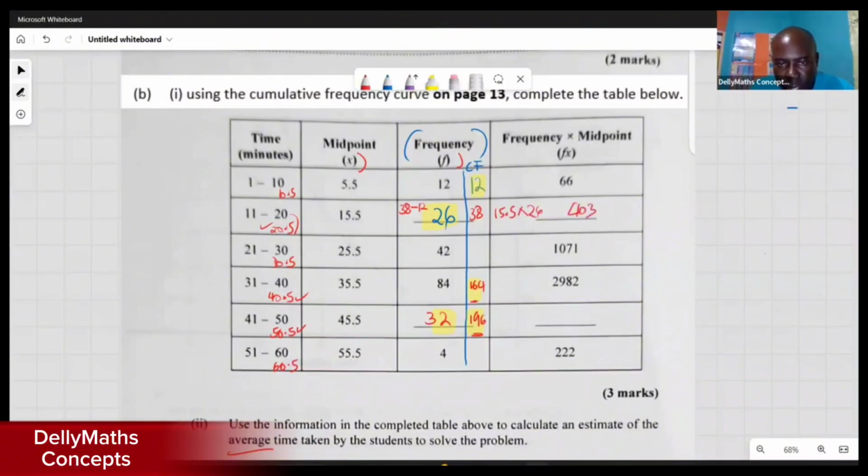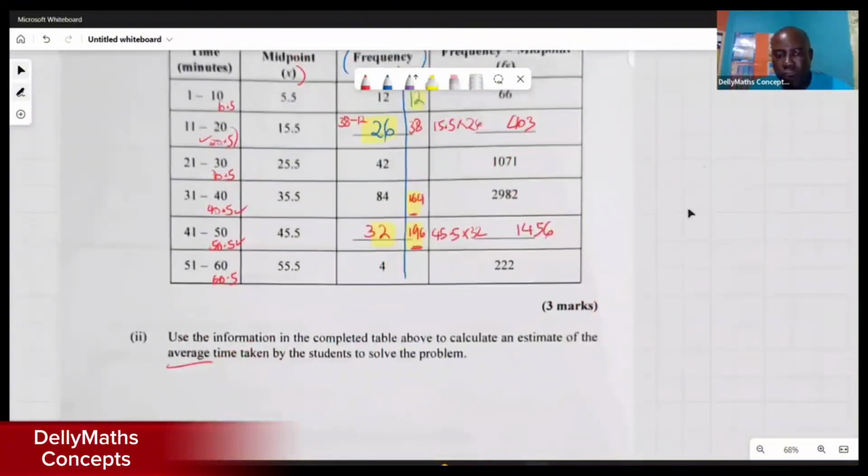And then 45.5 times 32, and that's 1456.